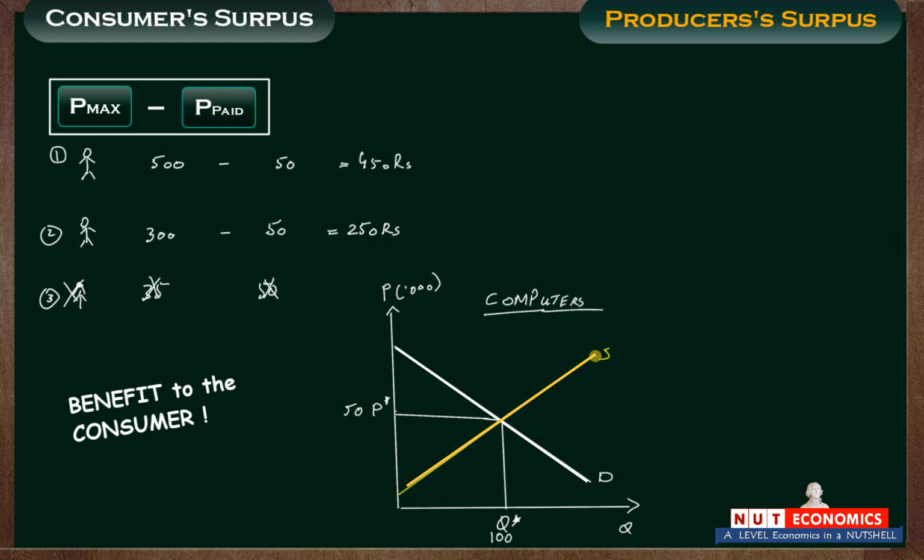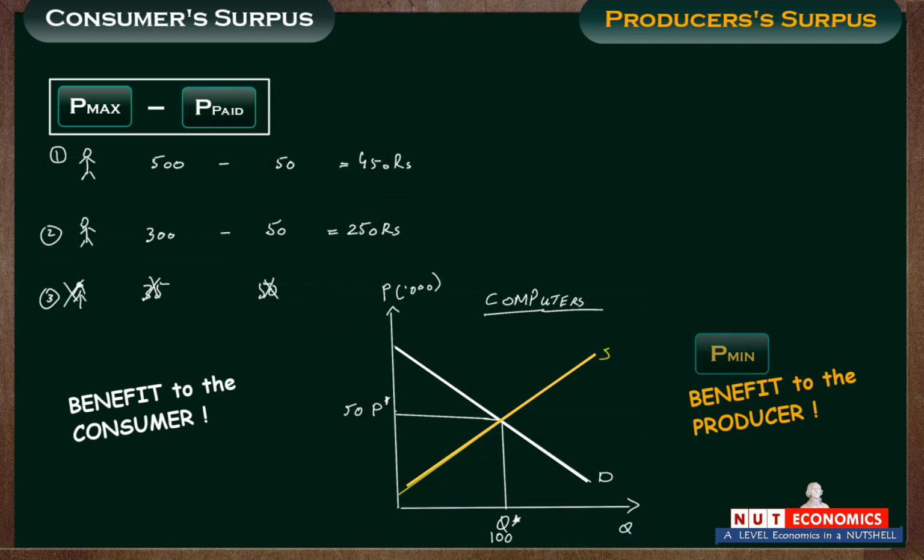Now, the way we think about the benefit received by the producer is that every producer has a certain minimum price, the lowest price at which they would still agree to sell. They won't sell if the price is lower than that minimum price. Again, they will not advertise it. They will not tell everybody that this is the minimum at which I will still agree to sell.